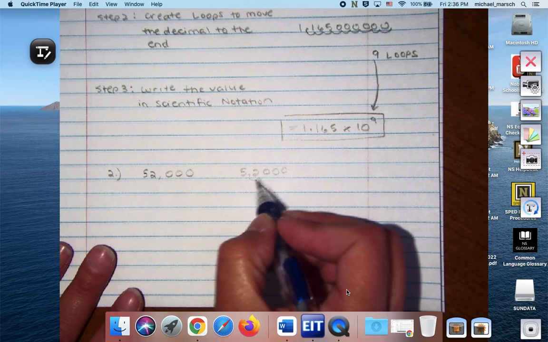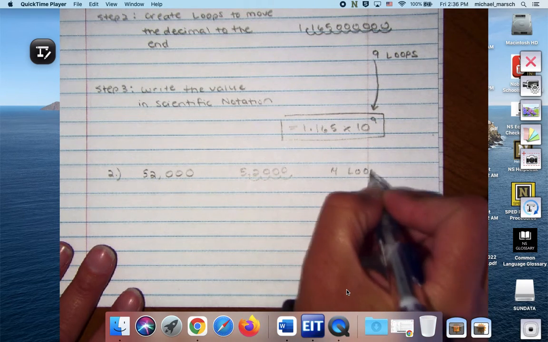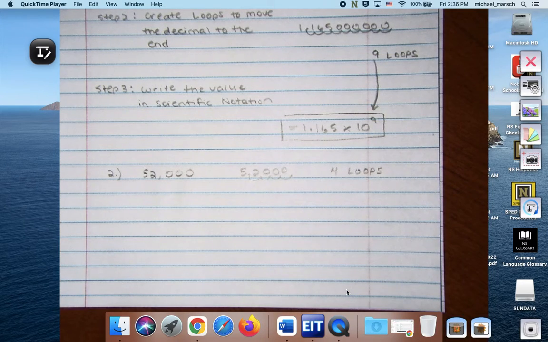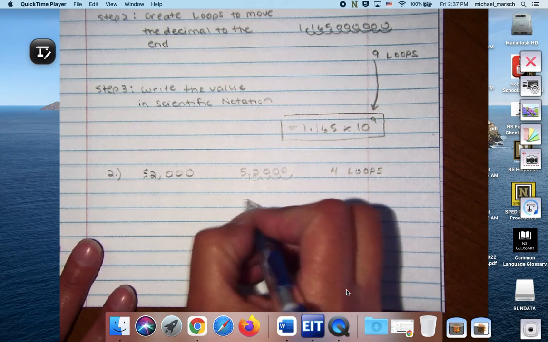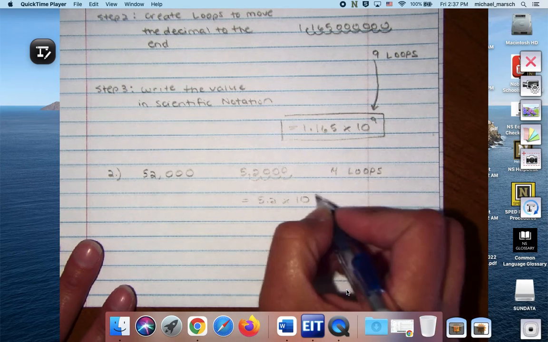Then I'm going to make my loops. I know that there's 4 of them. So what will be my answer in scientific notation? Keaton? It'll be 5.2, and then it'll be times 10 to the 4th power.